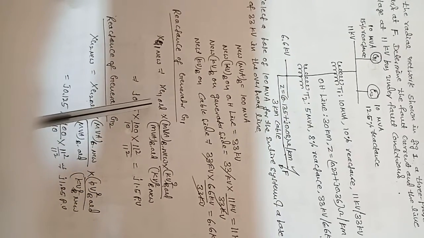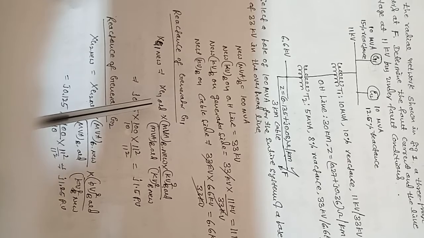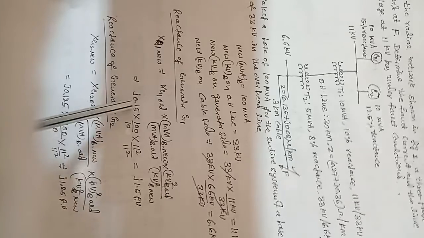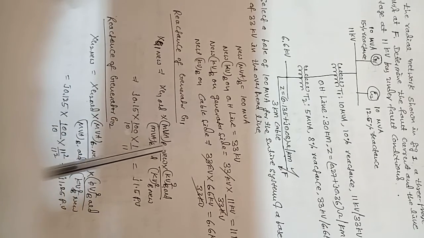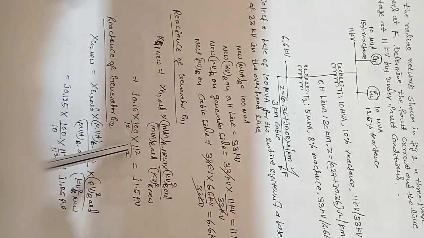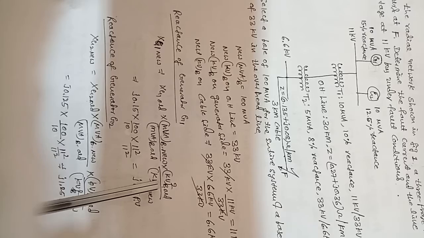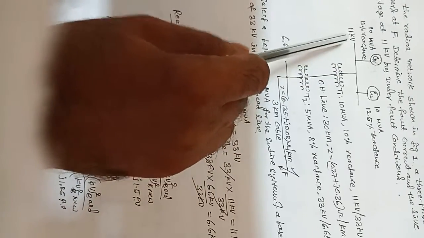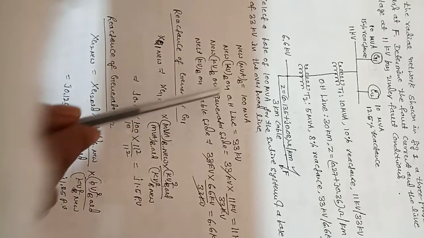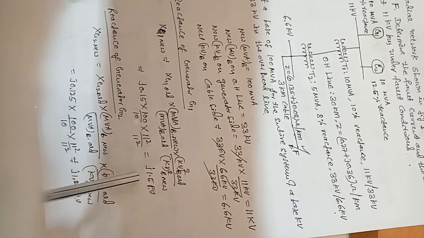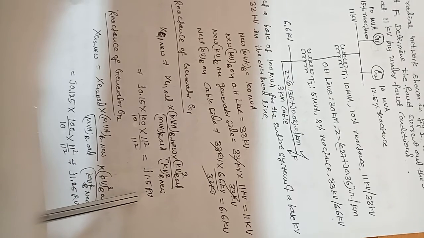The old generator reactance of the first one is 15%, so j0.15 into new MVA base 100 divided by the old MVA base of generator, 10, into old kV base of generator, which is connected to the 11 kV bus, so 11 squared. What is the new kV base on the generator side? You have calculated 11.